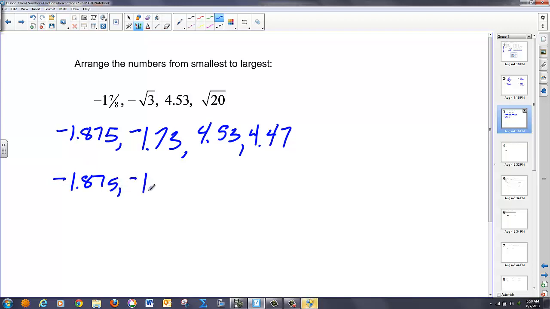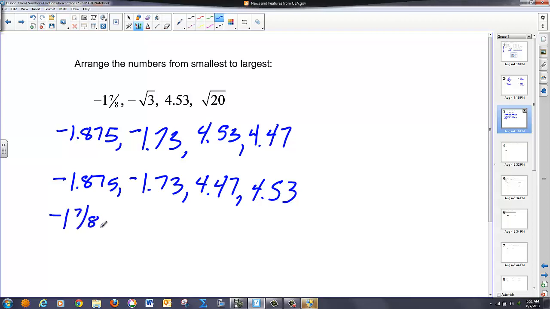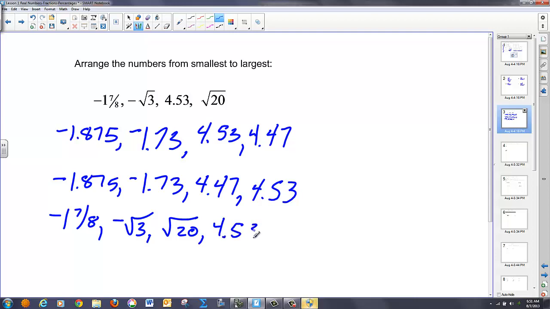Moving up, negative 1.73. And then 4.47 is smaller than 4.53. And 4.53 is last. So rewriting these, that's negative 1 7/8 is my first guy. Negative root 3, my second. Root 20, my third. And 4.53 is my largest.